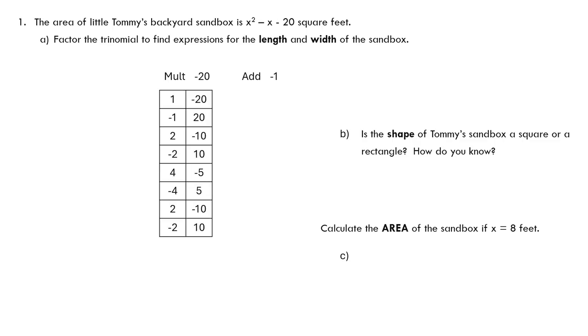So our multiples are all of these pairs. And we look down our list until we find one pair that add up to negative 1, and that happens to be 4 and negative 5. So we can write our factored form as x plus 4, x minus 5.